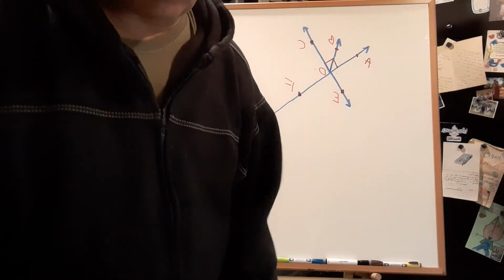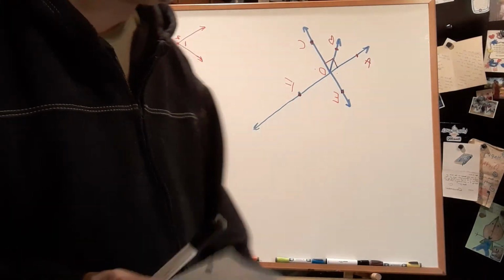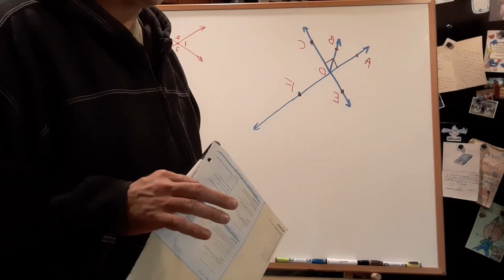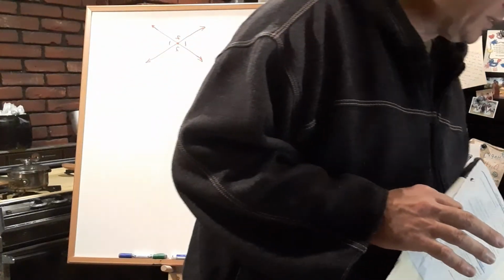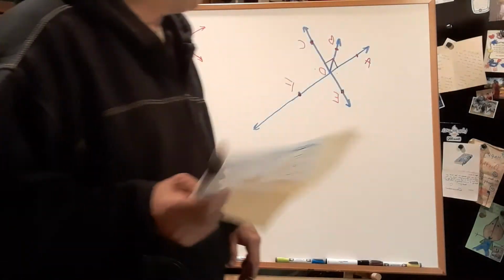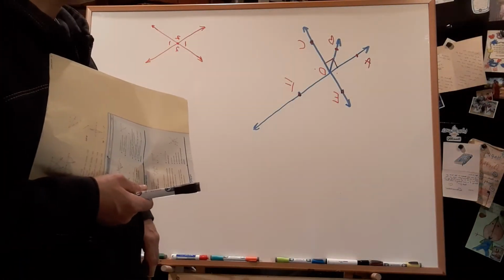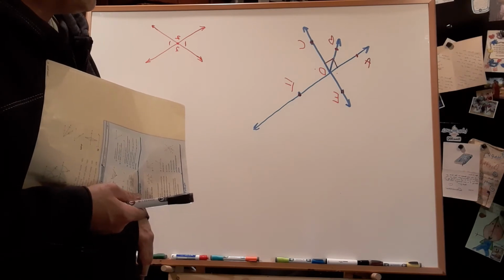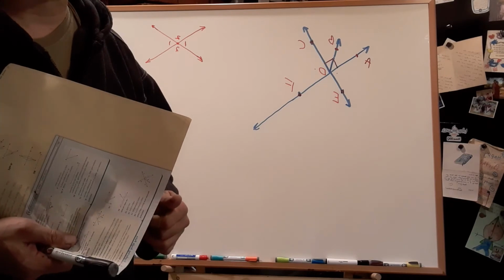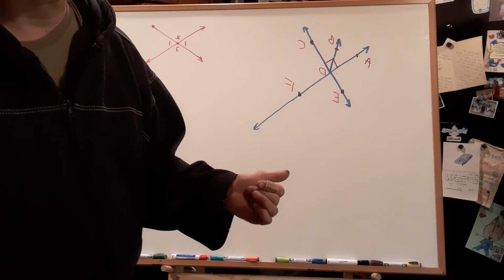All right, so the next one, give me a second. Where are we? 23, almost done. All right, so remember, you're dealing with adjacent angles where their non-common sides are opposite rays.